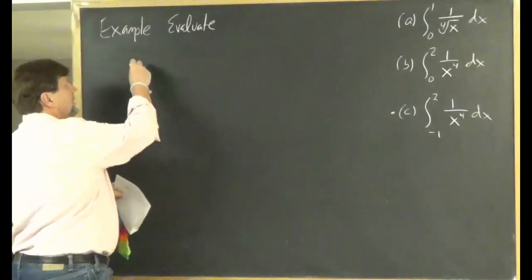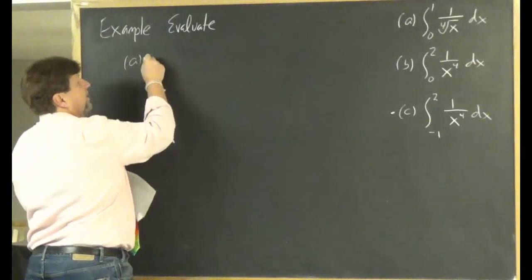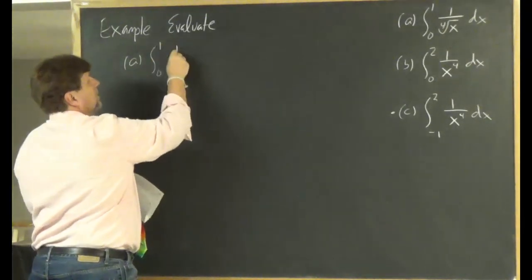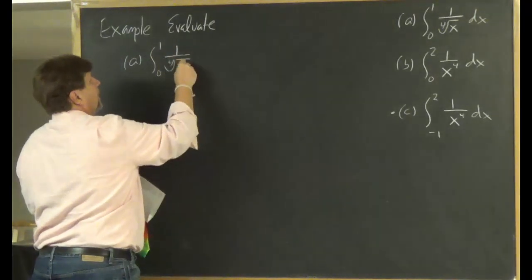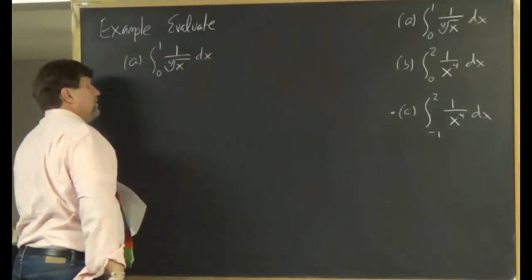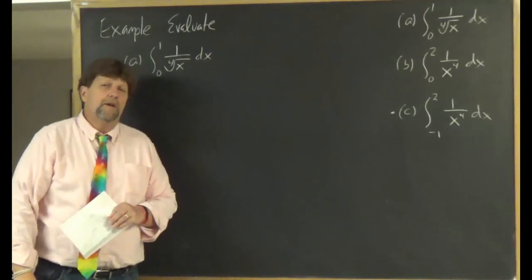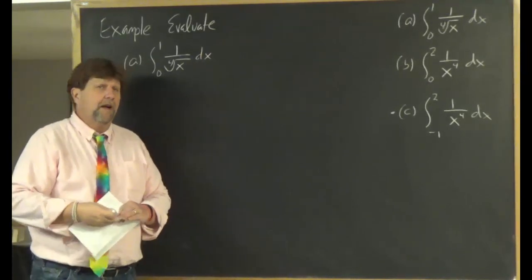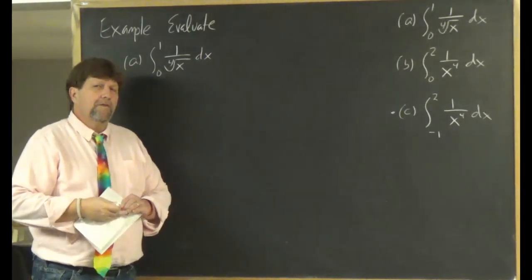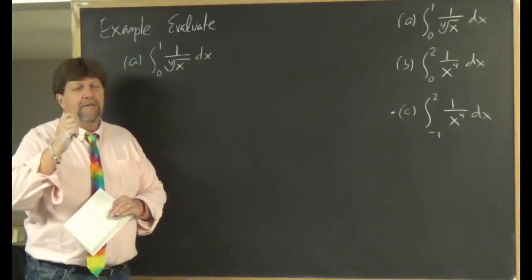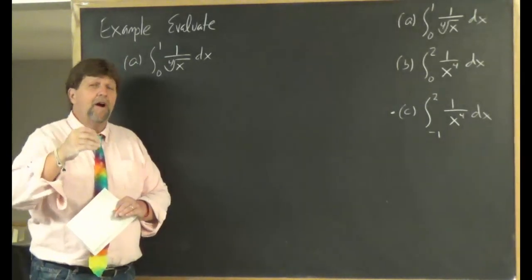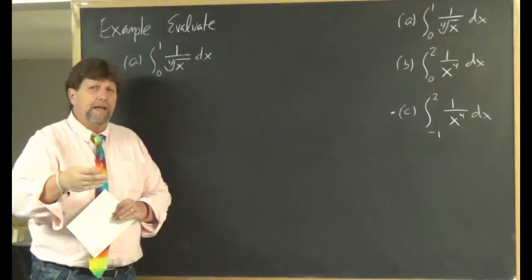So let's start off by doing A. The first thing I note is that we do have a problem here. It's an improper integral because the integrand, 1 over the 4th root of x, is not defined at x equals 0. That's where our infinite discontinuity is.